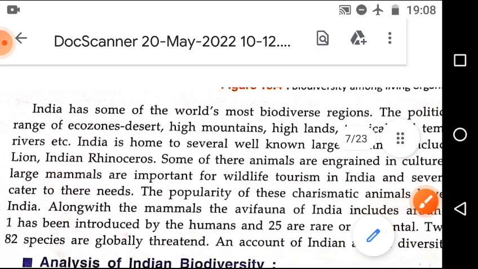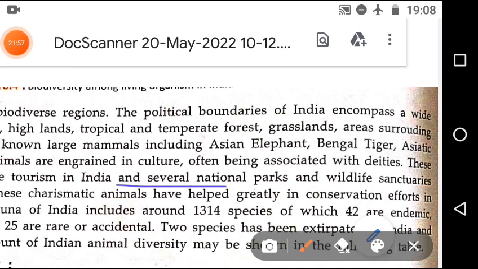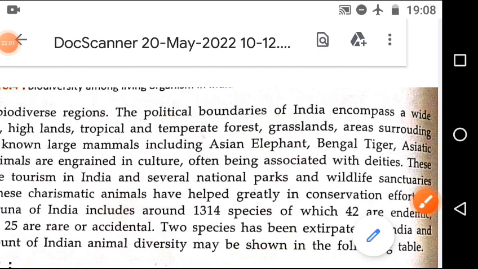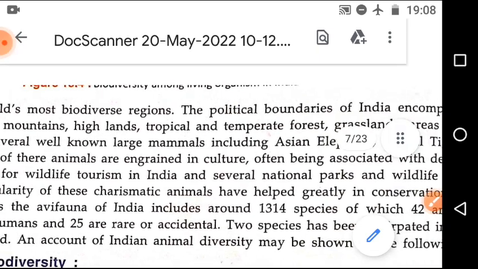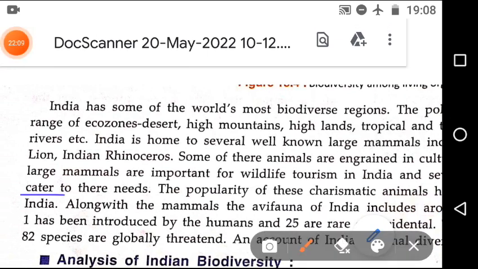Look at this line: several national parks and wildlife sanctuaries have been set up to protect these animals, by making a boundary so that these mammals and other animals can be protected.